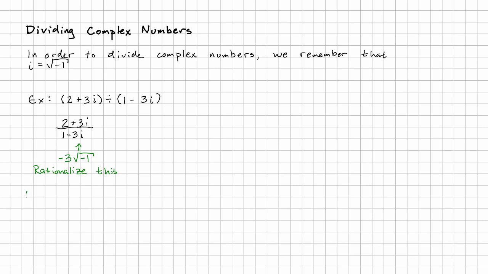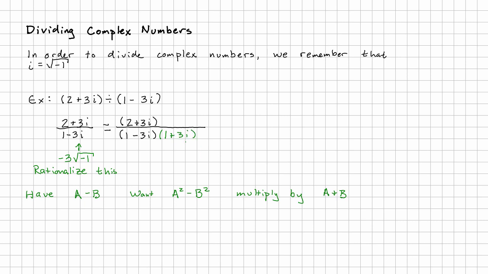So we have a minus b. We want a squared minus b squared. So we multiply by a plus b. We want to multiply our denominator by 1 plus 3i.